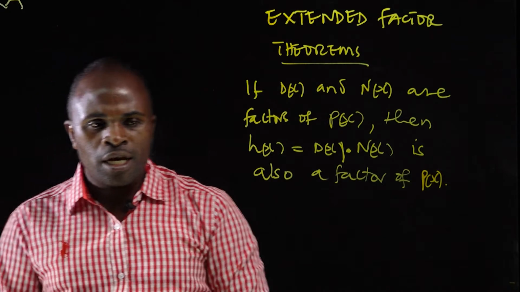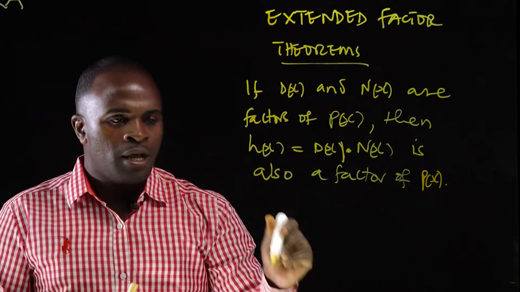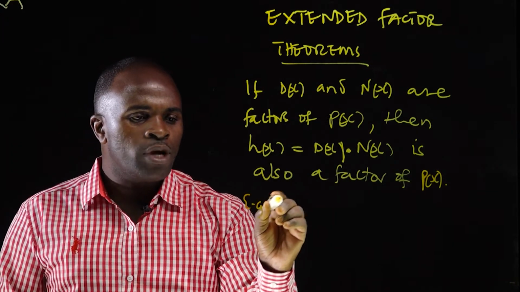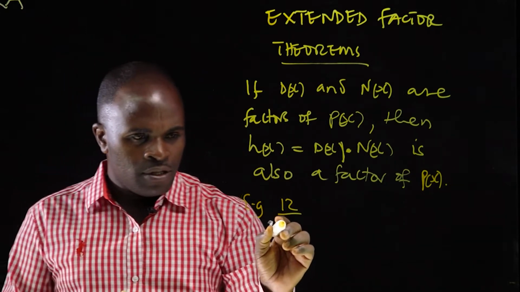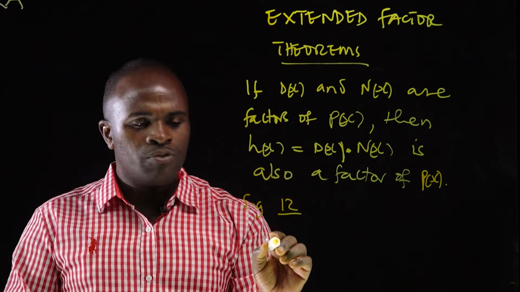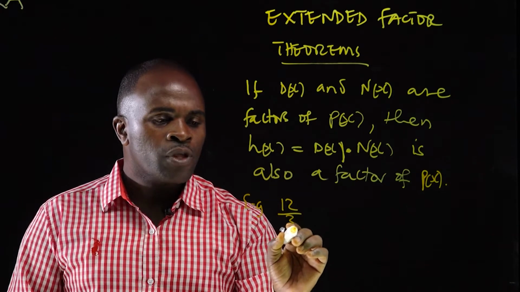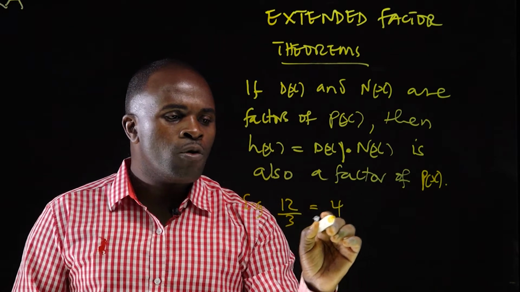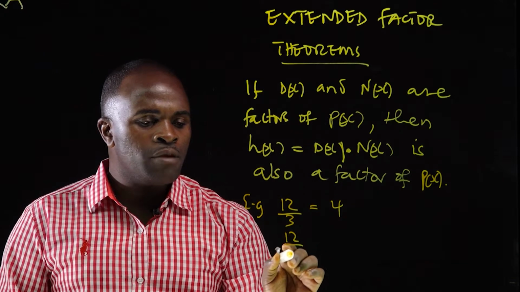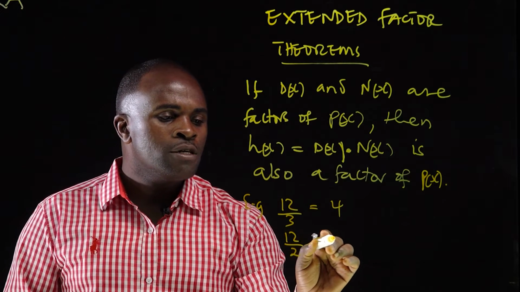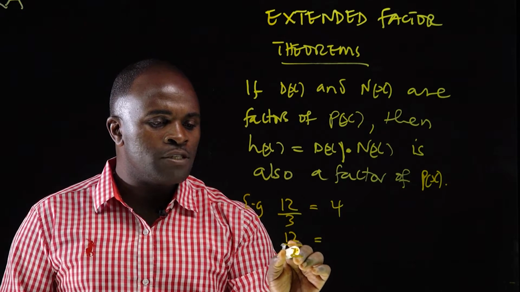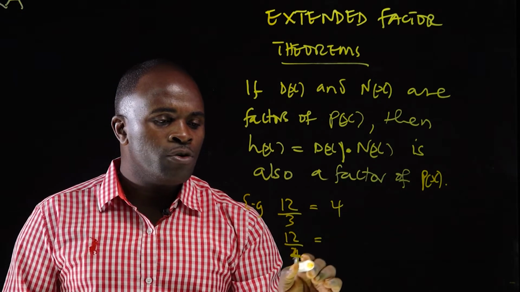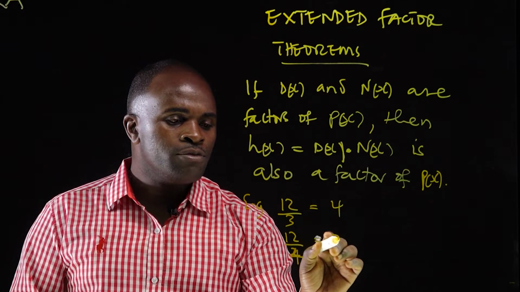You can just take a counter example of a numerical number. Suppose you take 12 divided by 3, you are getting 4. Take again 12 divided by 4, you get 3.